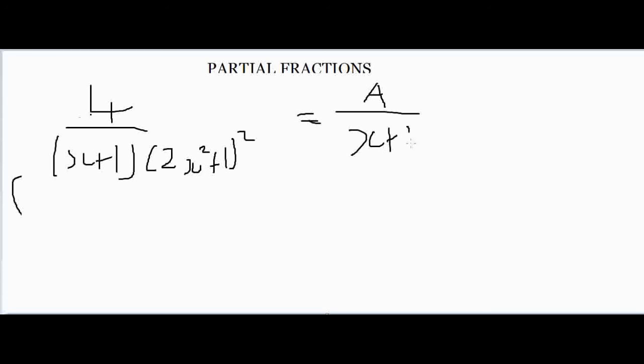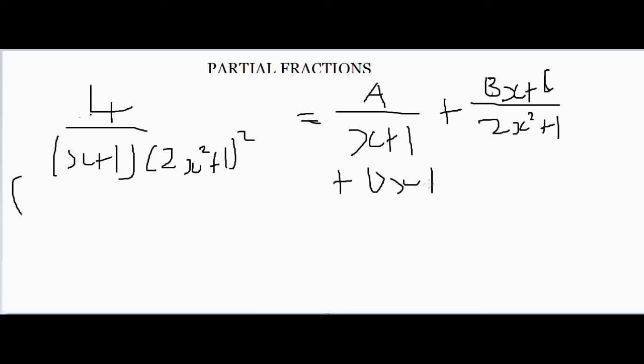We're going to have a upon x plus 1 plus bx plus c upon 2x squared plus 1 plus dx plus e all over 2x squared plus 1 all squared.